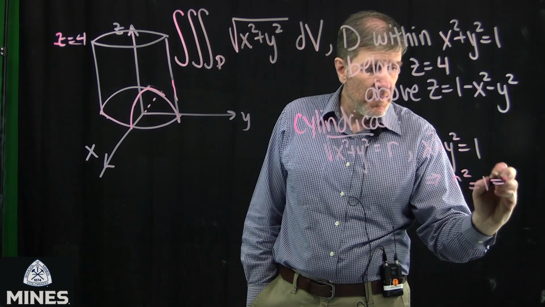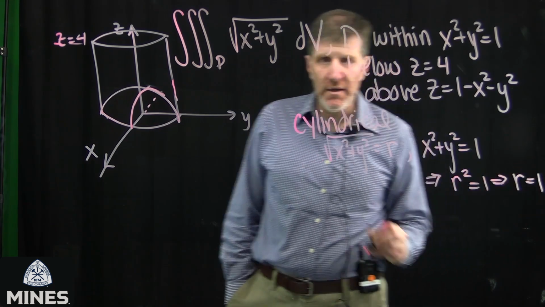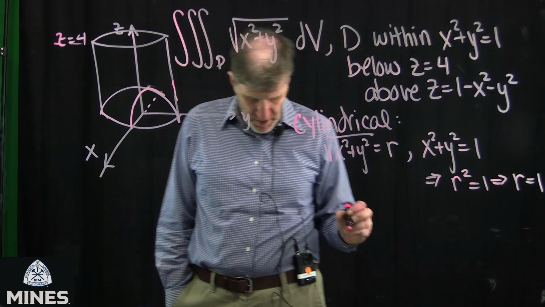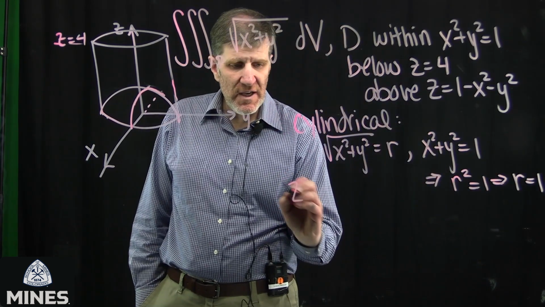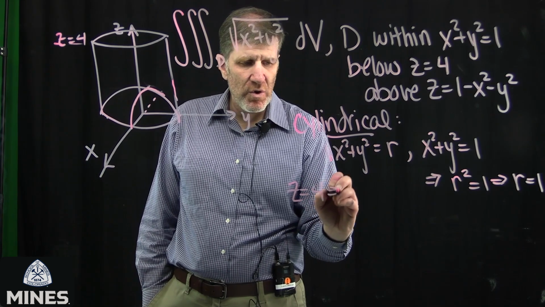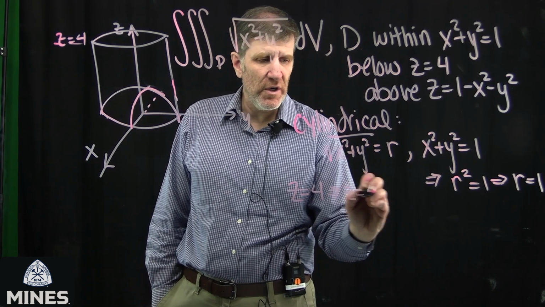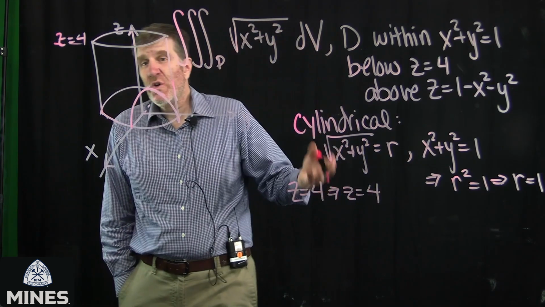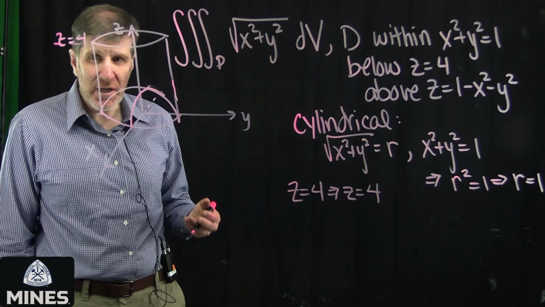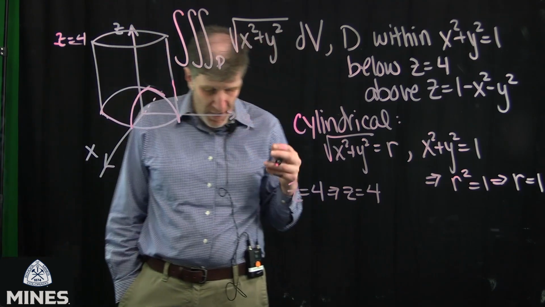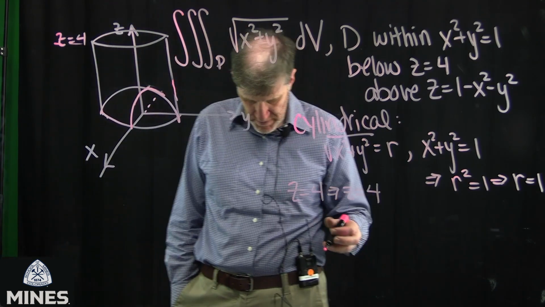So that's r equals 1 for that portion. We have z equals 4 in cylindrical coordinates is still just z equals 4. Remember, the cylindrical coordinates don't care about z. They only are caring about x and y, and they're turning x and y into polar coordinates, basically.